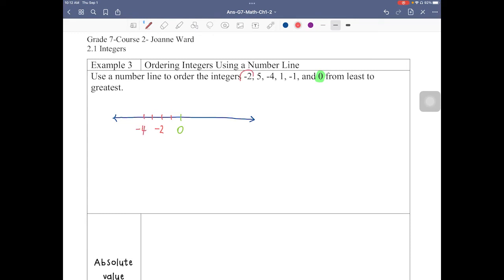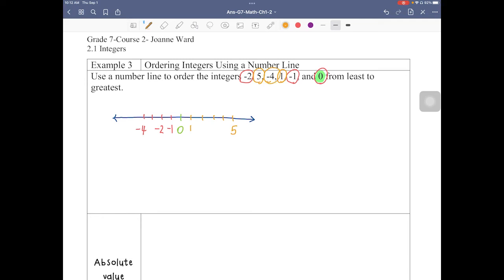So I have -2, 0, -1, then 1, then 5: 1, 2, 3, 4, 5.